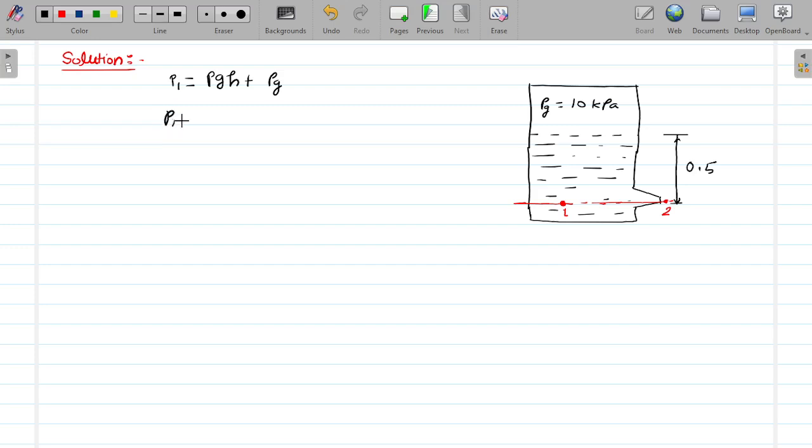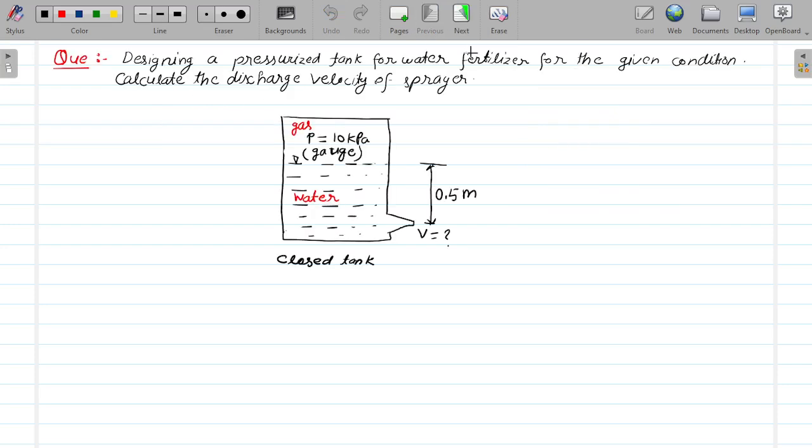So P1 is equal to, substitute the value of rho. We know that the density of water, rho w, is equal to 1000 kilogram per meter cube. It is given.